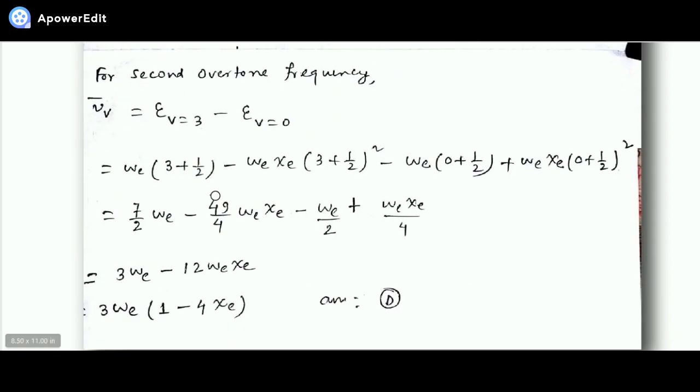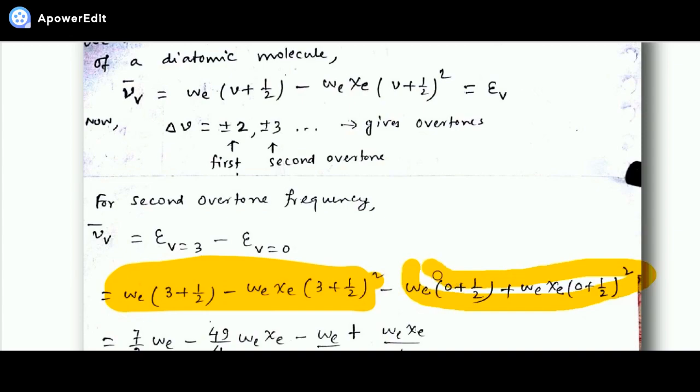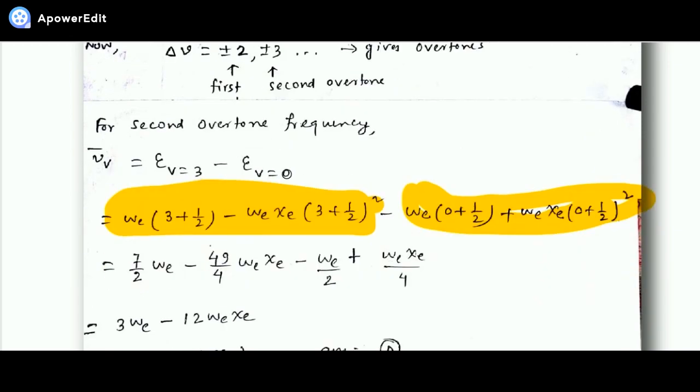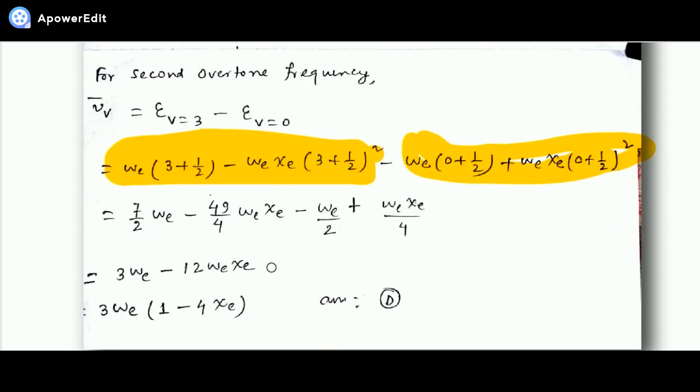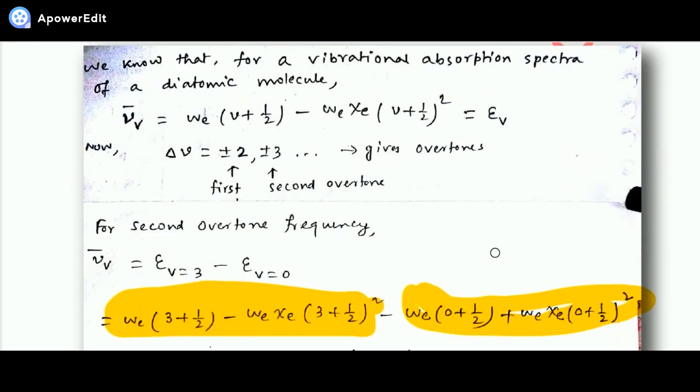If you put v equals 3 here, you get this expression, and if you put v equals 0, then you get this. The difference gives you the frequency. So the second overtone frequency becomes this, and after simplification you get 3 omega e into (1 minus 4 chi e). So option D is the correct option.